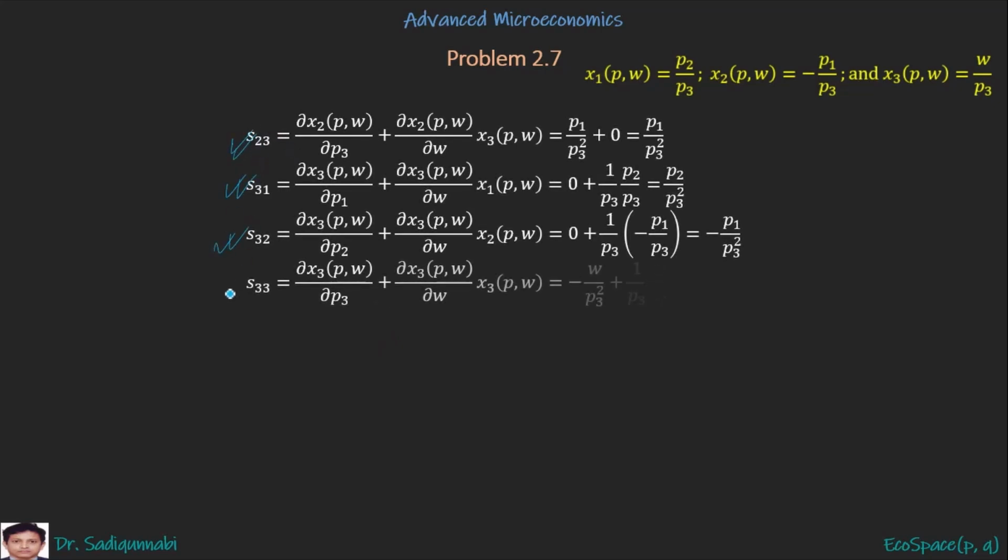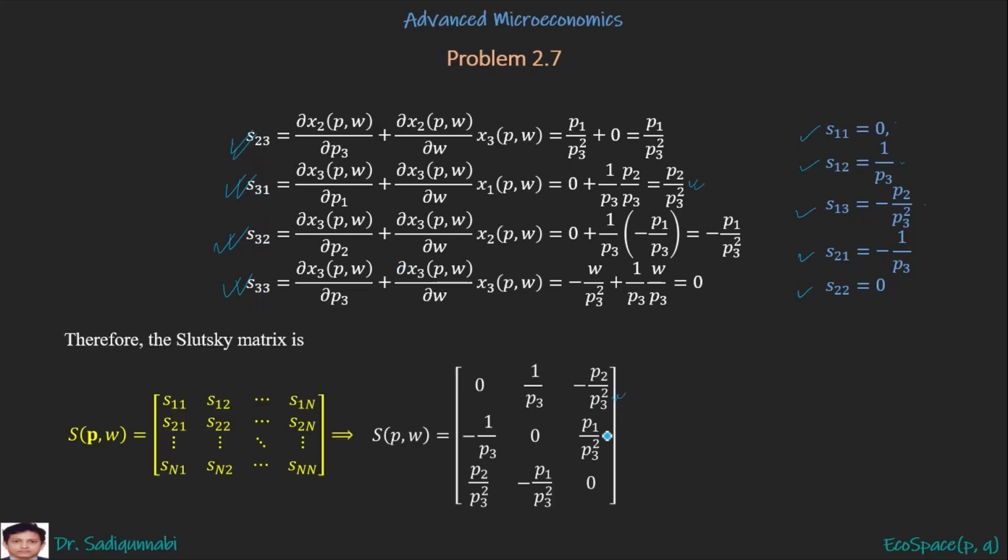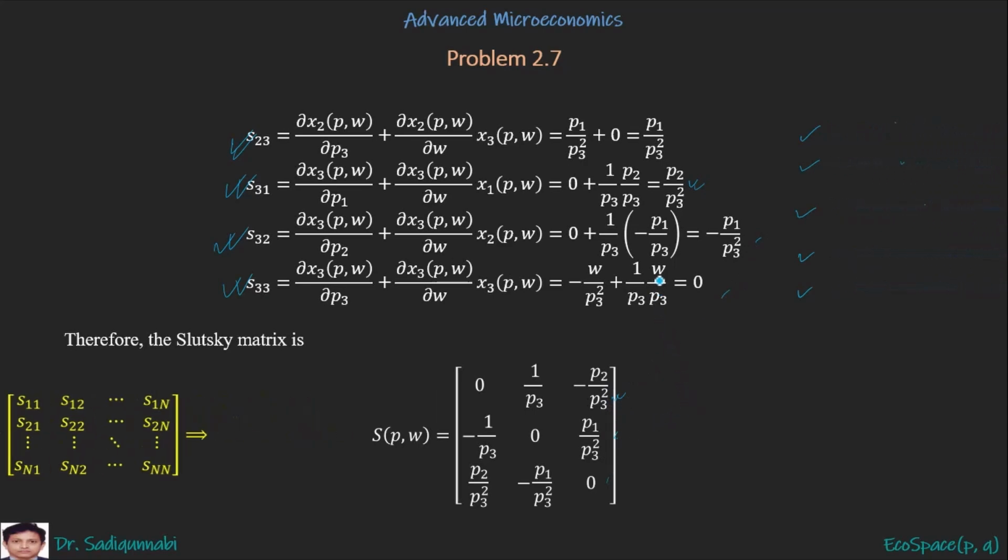So arranging all values, from the last slide we have got s11, s12, s13, s21, s22. These all constitute the Slutsky matrix. So this is our final matrix.